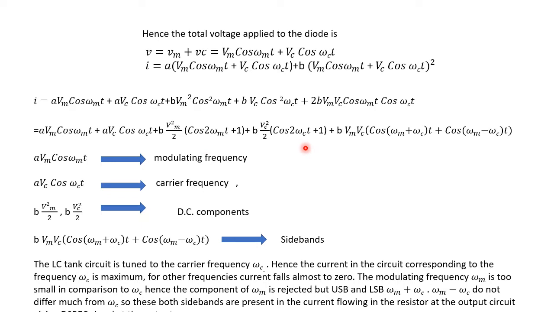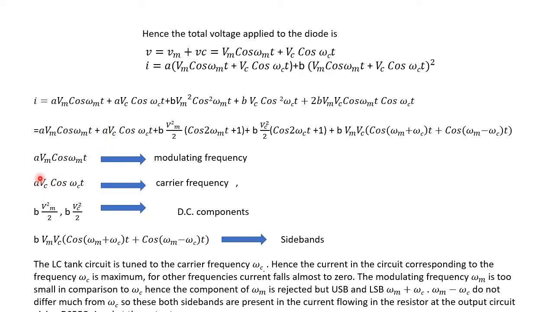If we analyze different terms in the circuit, then we can make out that the first term A·Vm cos ωm t is the modulating signal term, in which ωm is the modulating frequency.